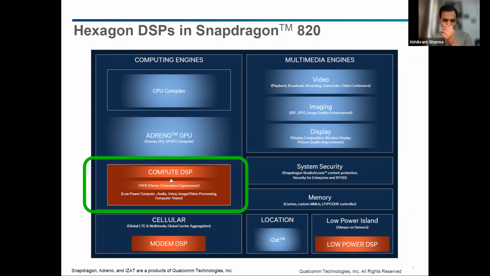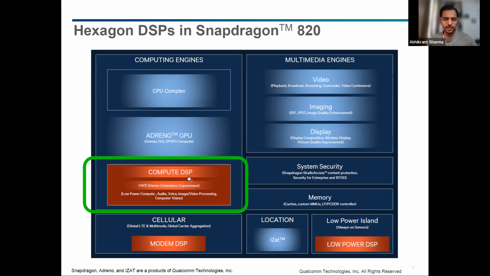There are very few peripherals connected to the DSPs in general, and it specializes in performing highly intensive mathematical operations like the Fourier transforms, or in the modern day world, when we talk about AI and machine learning, it is really good at performing convolutions, which form the basic building block of any deep learning model. So we have a few dedicated DSPs on the Snapdragon hardware.